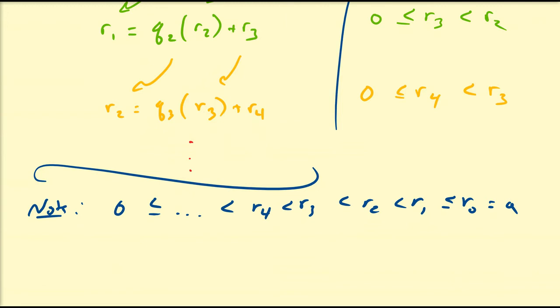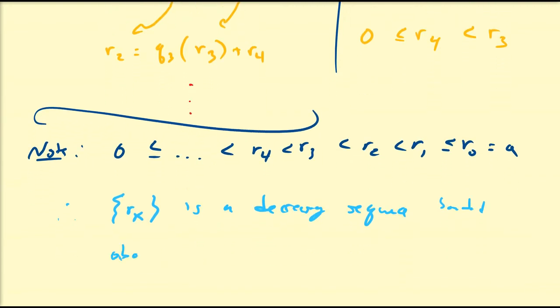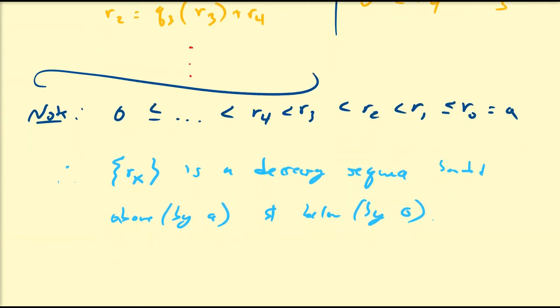So what can we tell about the sequence RK? Therefore, the sequence RK is a decreasing sequence, bounded above by A and below by 0. It's also important that all of these remainders are integers.